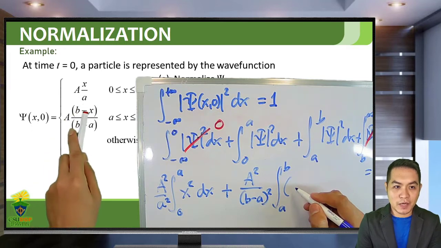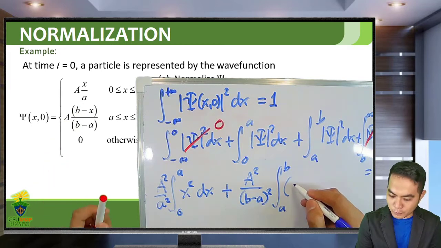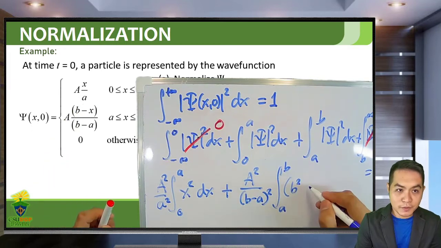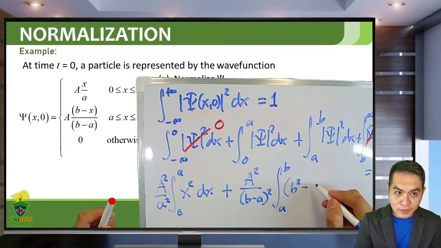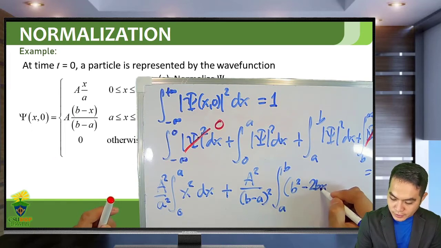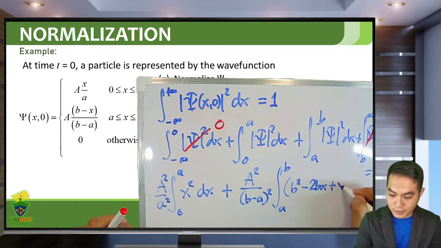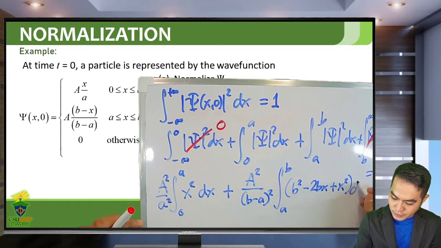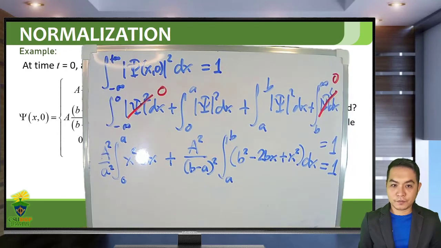So that would be b squared minus 2bx plus x squared dx. And that should be equal to 1.